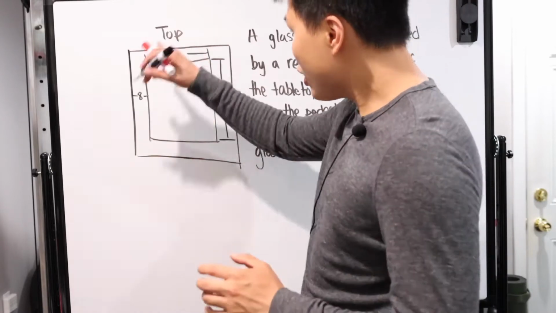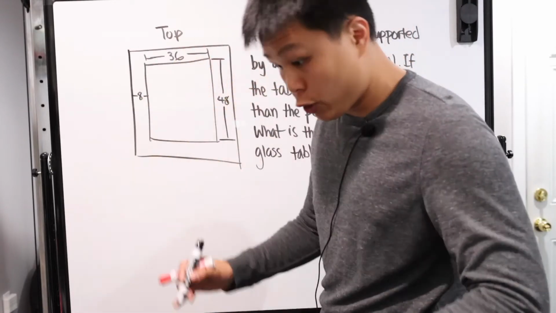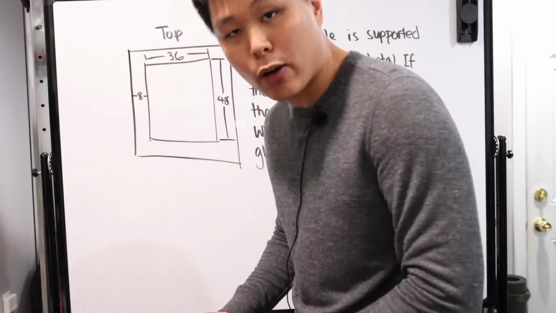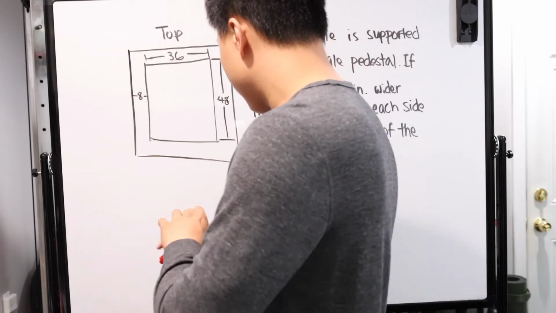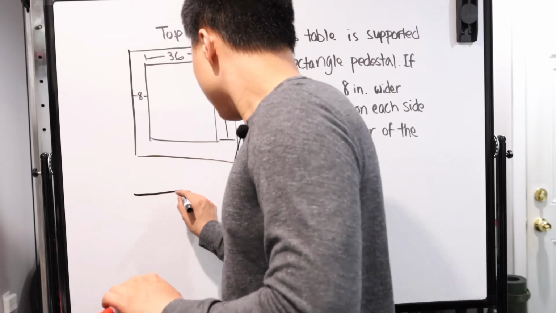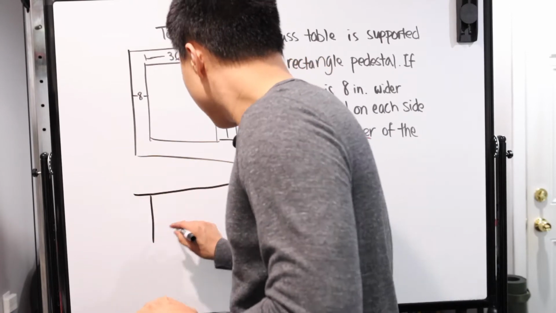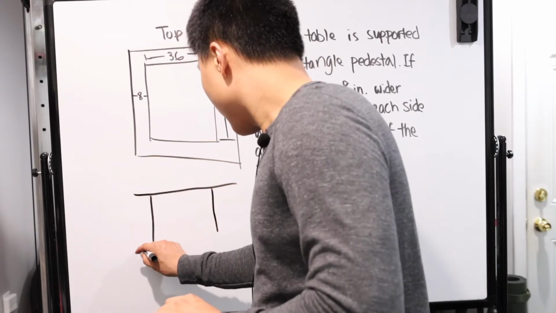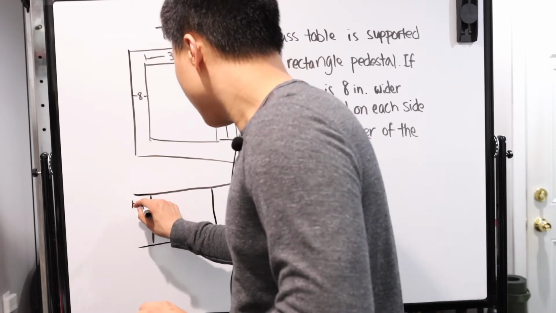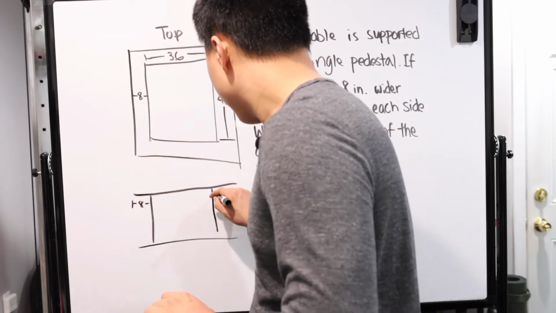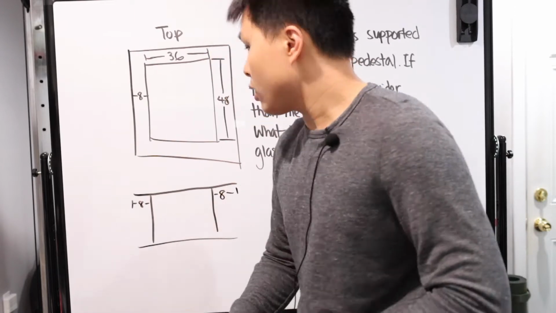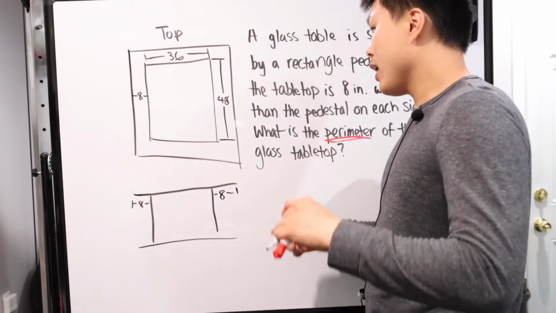If you look at this, this is the top view of the table. If you're looking at the table, you're staring down at it. So basically think of it as you have that panel of glass, and then you have your pedestal right there. And then it's saying that each and every one of these sides is 8 inches from the pedestal itself. Hopefully that made it clearer and not more confusing.